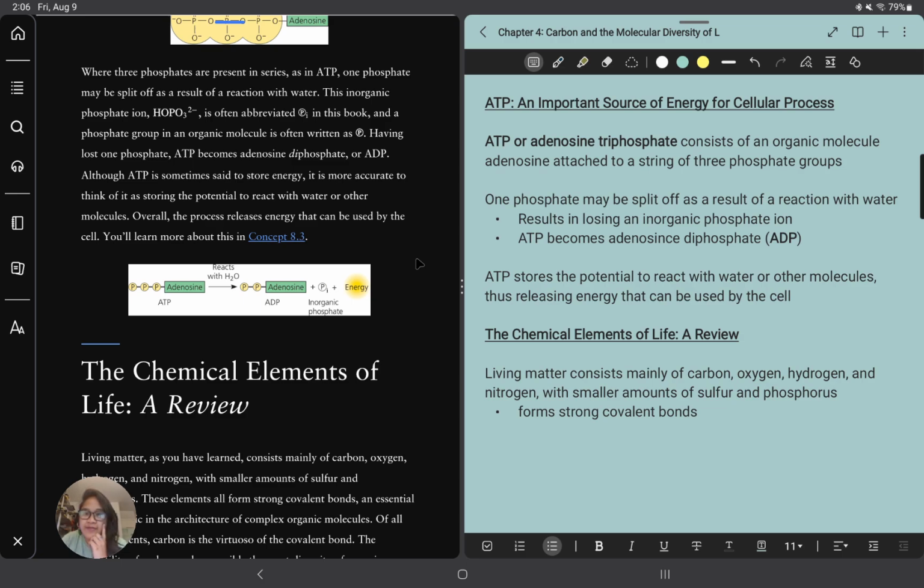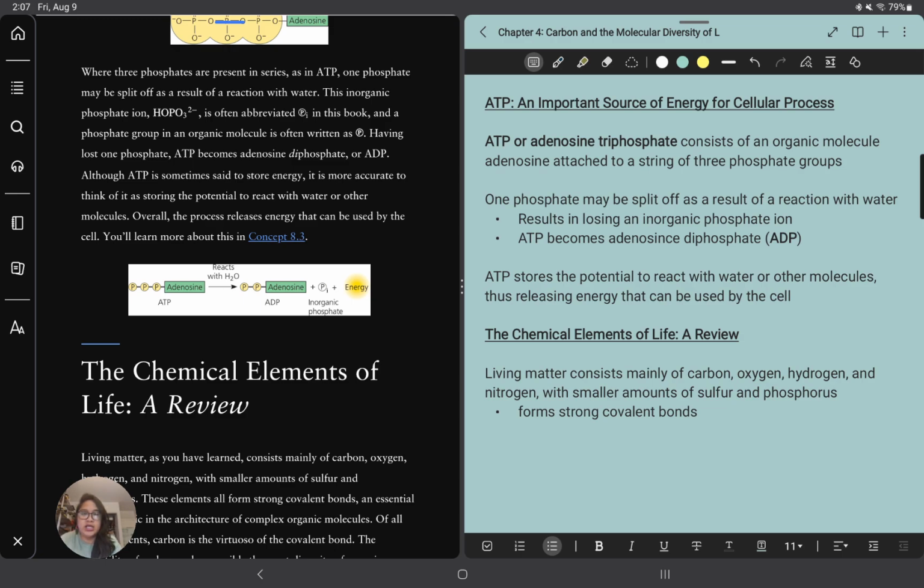Having lost 1 phosphate, ATP becomes adenosine diphosphate, or ADP. Although ATP is sometimes said to store energy, it is more accurate to think of it as storing the potential to react with water or other molecules. Overall, the process releases energy that can be used by the cell. You'll learn more about this in concept 8.3.